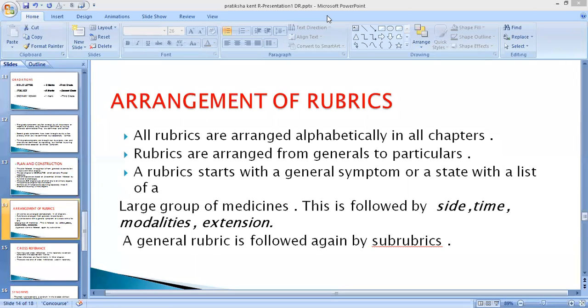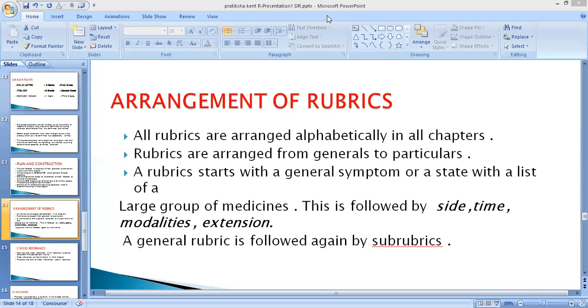First we find the eliminating factors, then alternating with, then modifying factors, and after aggravation and amelioration, as well as concomitants before, during, and after the condition of the patient.